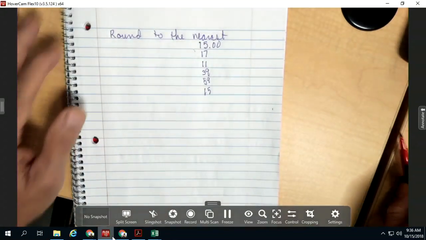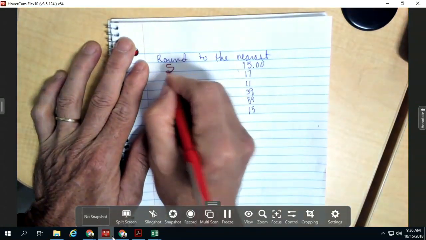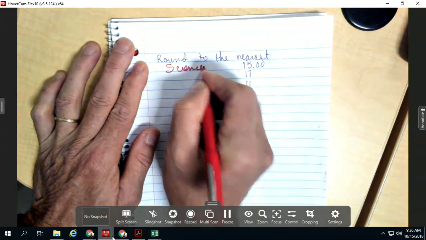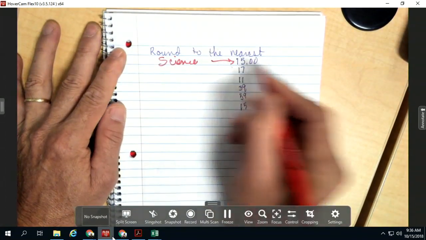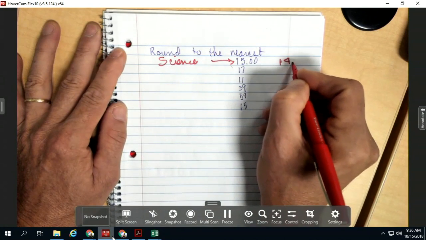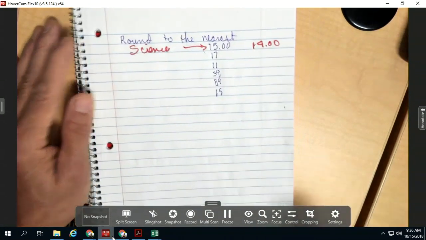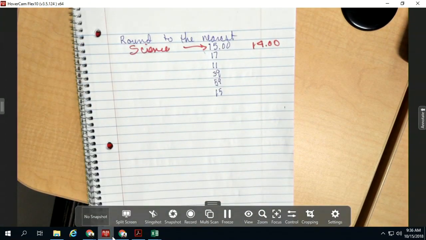Okay. If you are taking a science, this answer would not be 15, it would be $14. Science always rounds ones that end in 5 to the nearest even. Do you understand why they would do that?